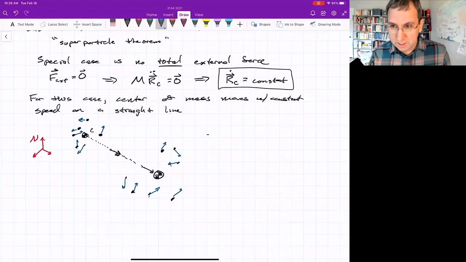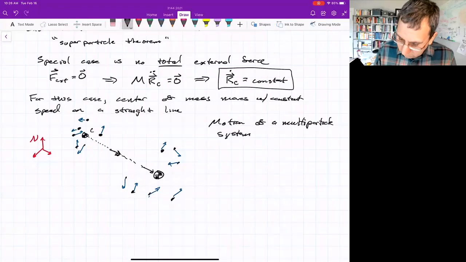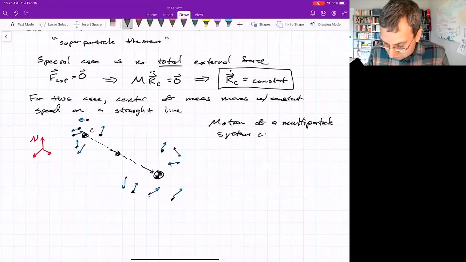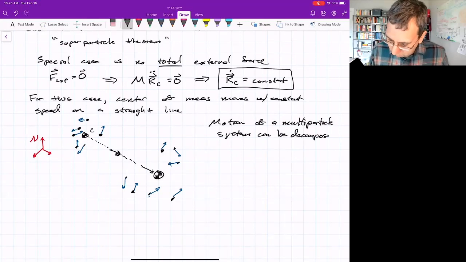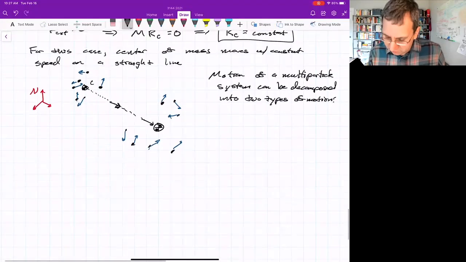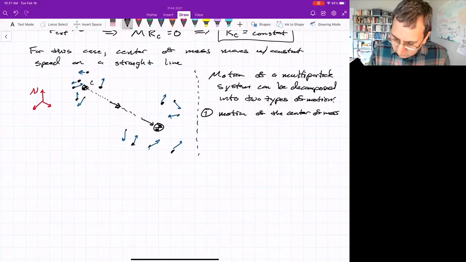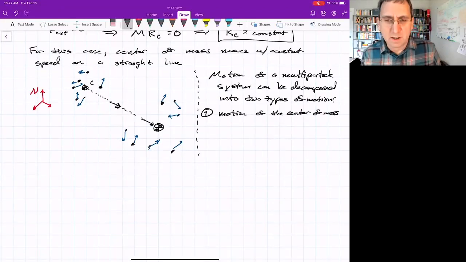And so what this means is that the motion of a multi-particle system can be decomposed, or resolved, into two types of motion. Those are motion of the center of mass. What I'm saying here is true independent of whether or not the total external force is 0.